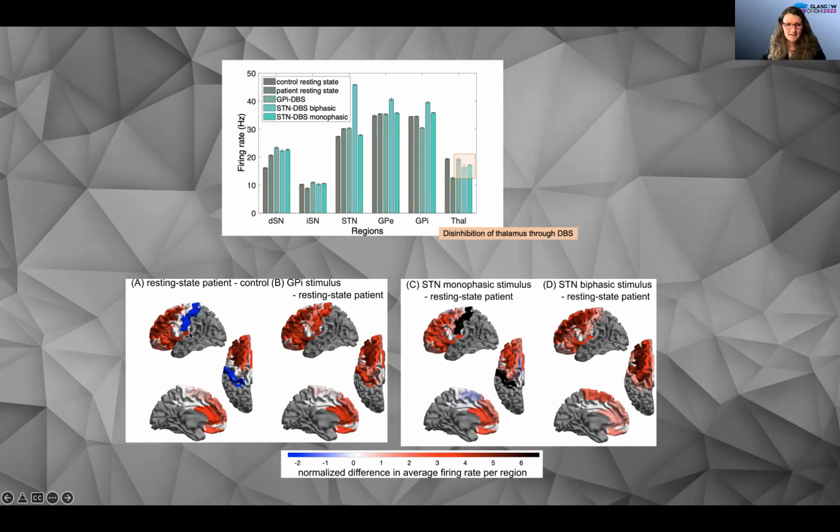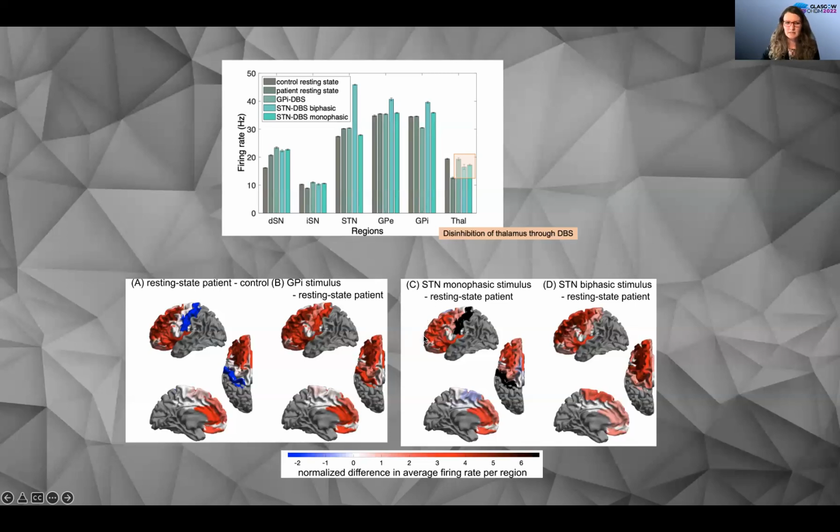You can see that in the resting state, the precentral and postcentral gyrus areas had lower activity in the patient than in the control. But when we switched on the electrode, this area turned red or even black with different stimulation patterns, bringing the activity of that region back to the healthy activation level.